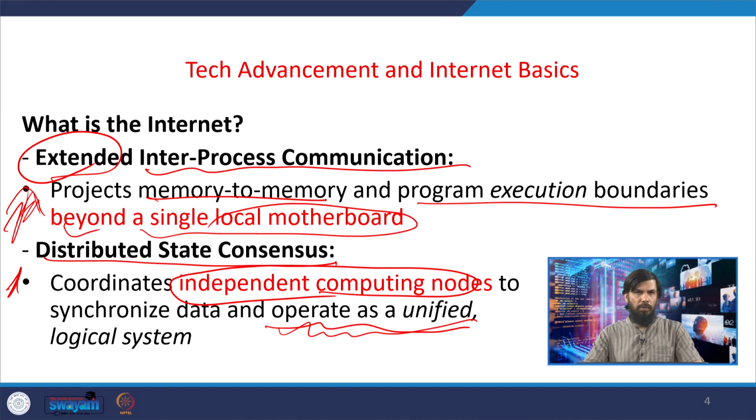So this is achieved, and therefore distributed state consensus. There is a consensus mechanism that can happen between two independent computing nodes connected via the network, so that data synchronization is achieved. So this is another defining characteristic of the internet.